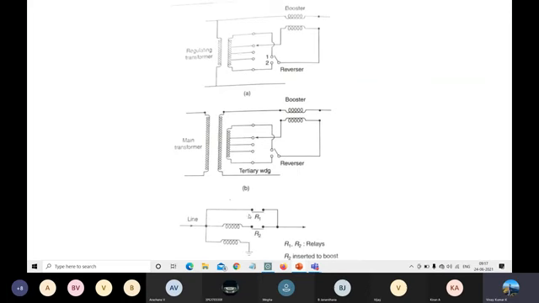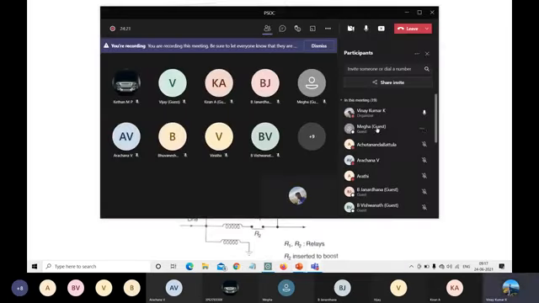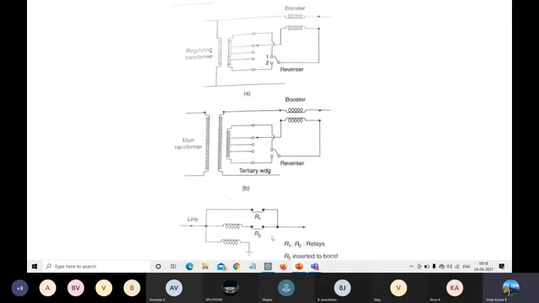So these are our lines. So this is our line, on which the transformers are normally placed.